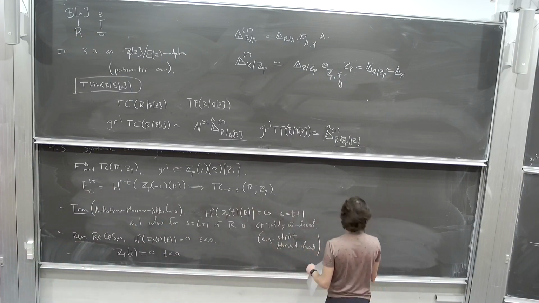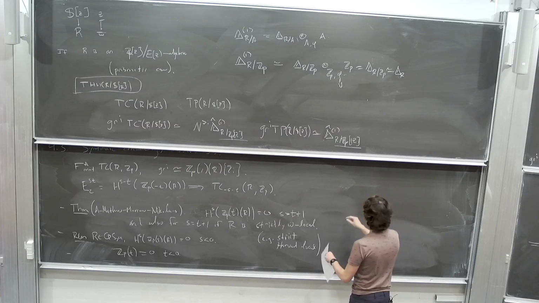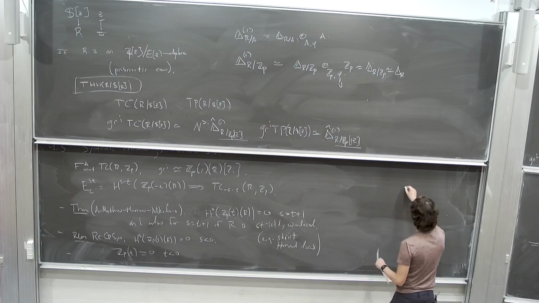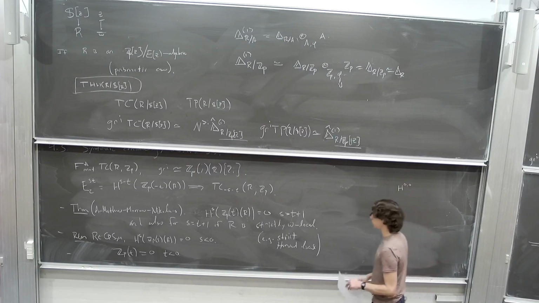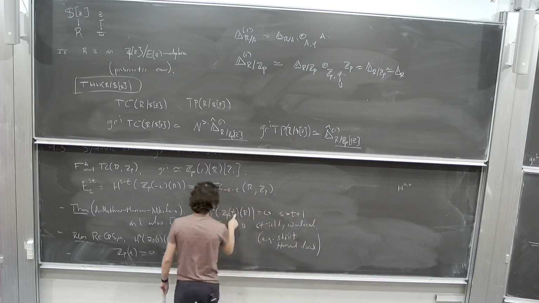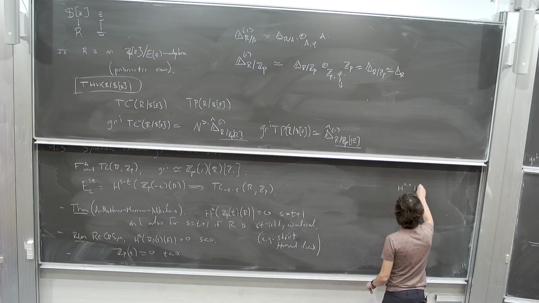And so let me just draw this spectral sequence kind of to compare to what we saw with this motivic spectral sequence the other day. So H^0 of Z_p(0), which is going to be the degree 0 cohomology of the 0th syntomic complex evaluated at R, sits here.